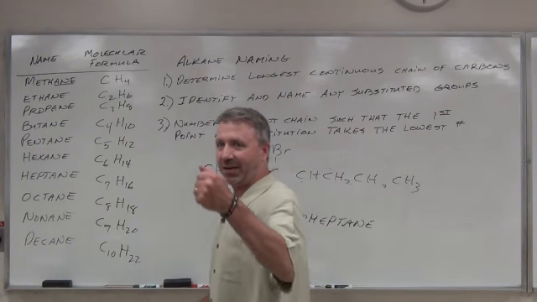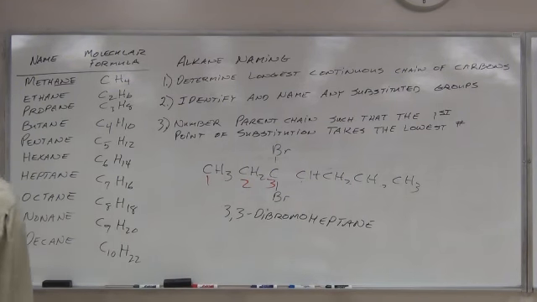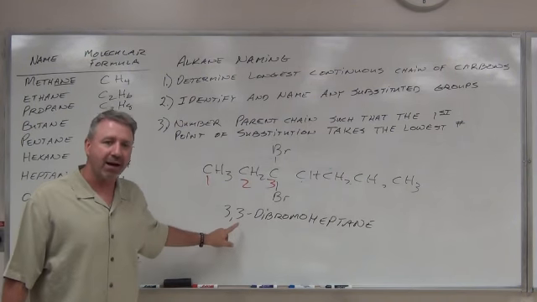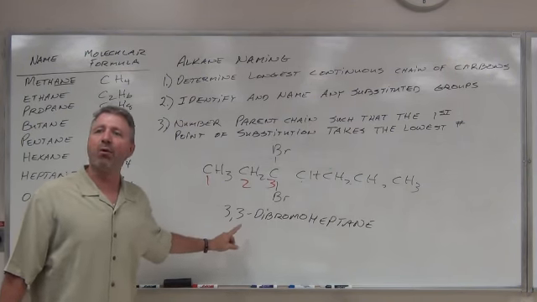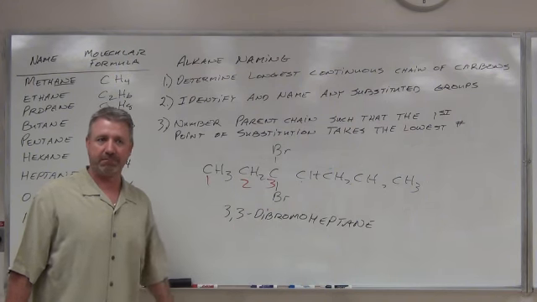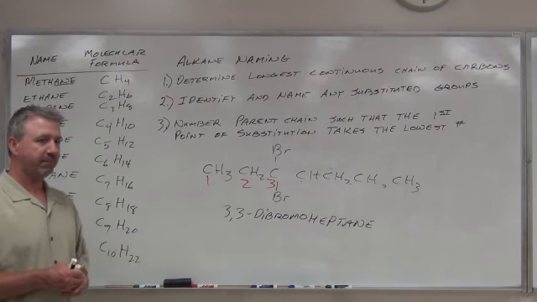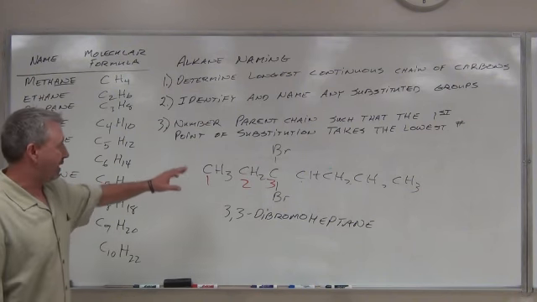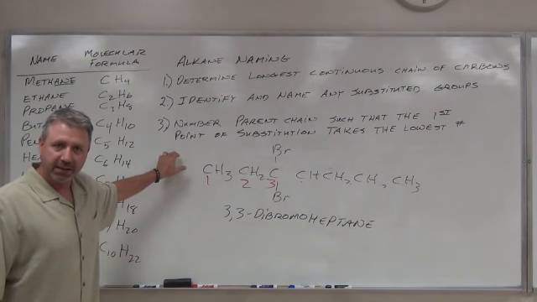You would never say 3,3-bromo, and you'd never say 3-dibromo. It's got to be 3,3. IUPAC doesn't care that they're on the same or different carbons. You have to locate them. Another modification to our naming.